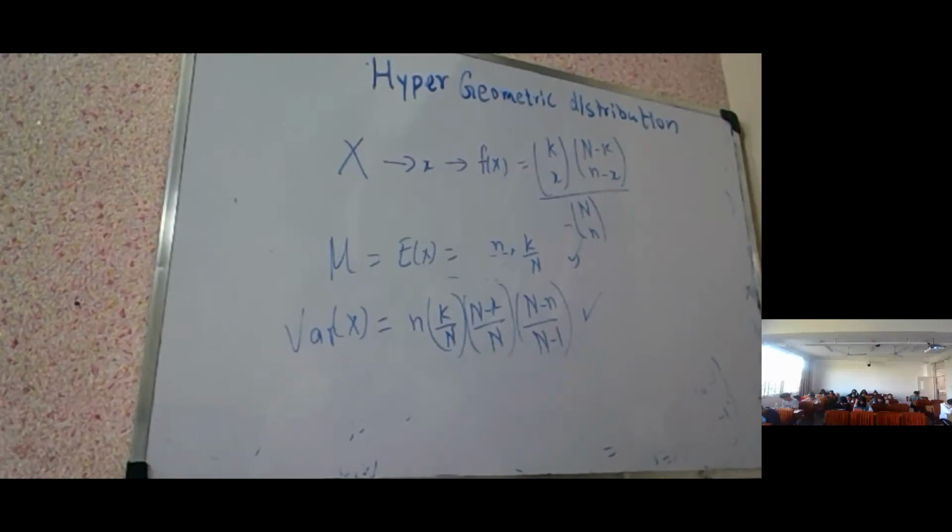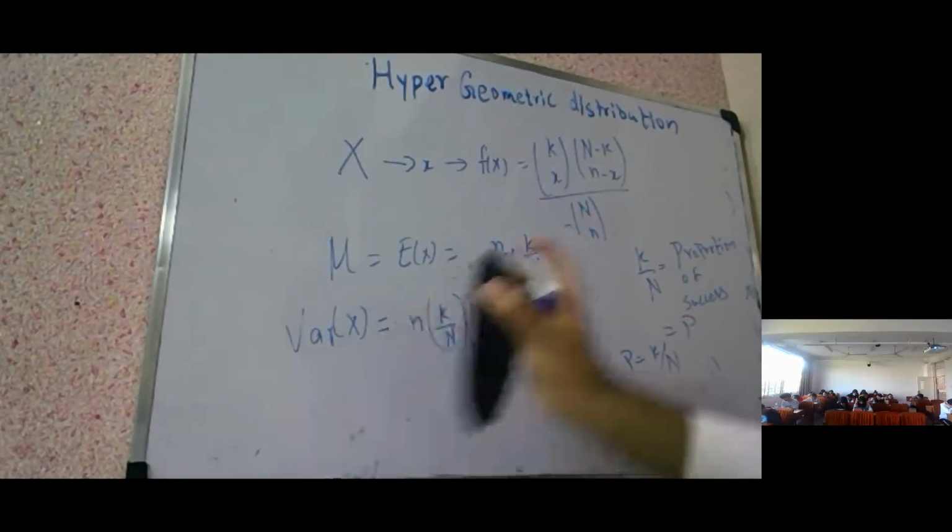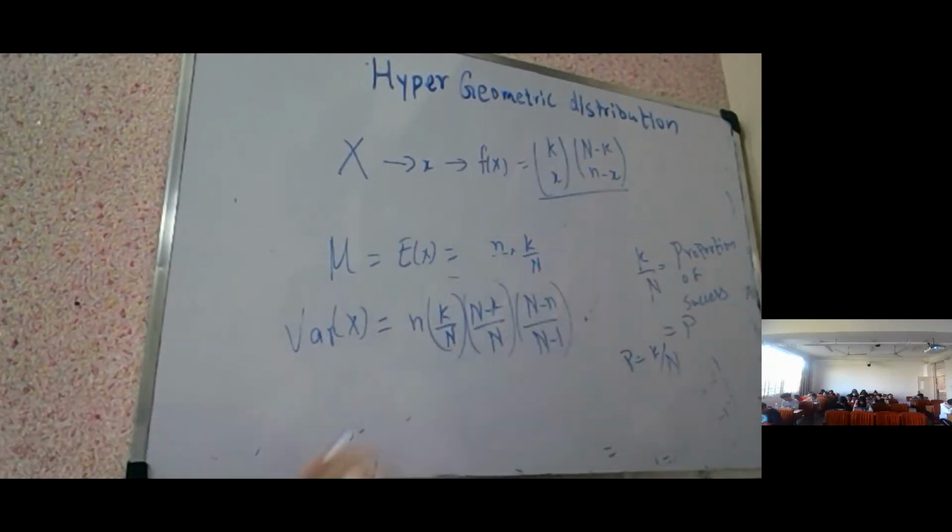Now see the property. We know, let's say, proportion of success. So what is k upon n? K means selection out of total number of n, which means proportion of success. It means p, right? So p equal to k upon n. So can I write this mu as np?